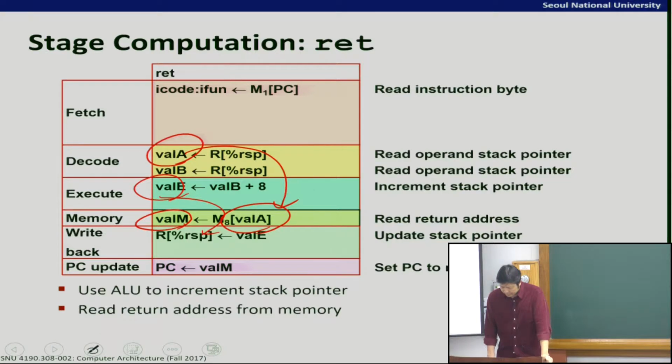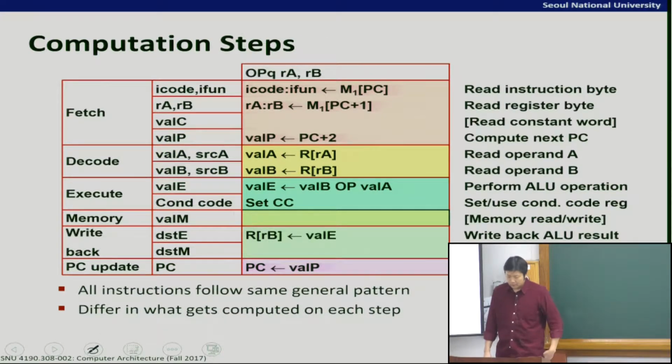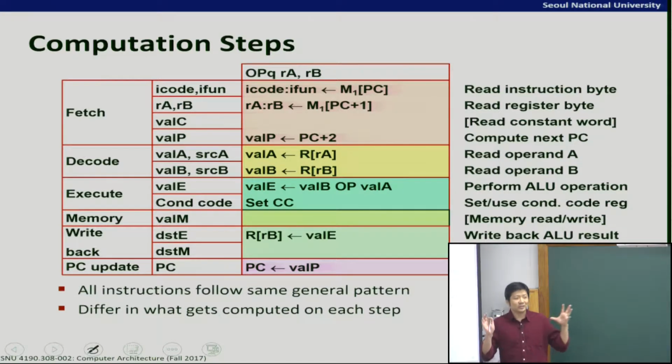So here is the summary. Basically, what if you take the union of all these steps we have looked at? Because we have seen that different instructions are very common, but a little bit different from instruction to instruction, right?